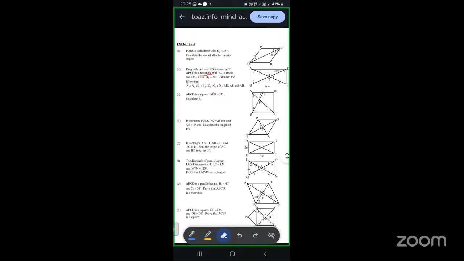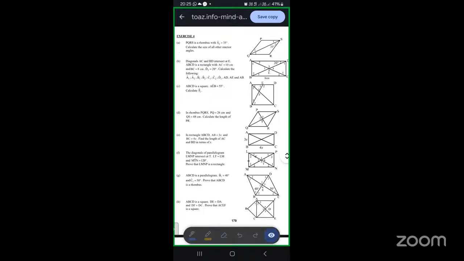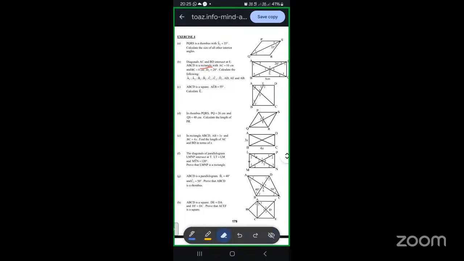Using some properties of a rectangle. Is there anyone, guys, who can give this a try? Are you guys still there with me?